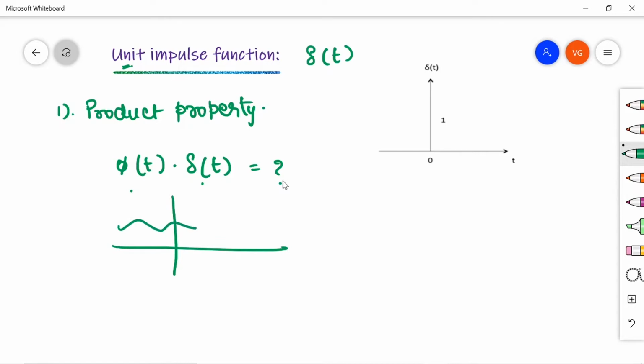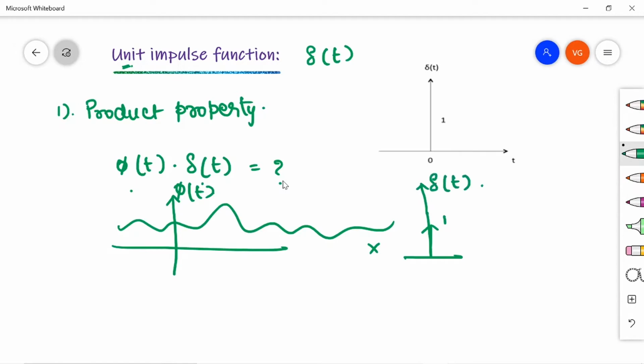Suppose phi of t is some signal that is extended. Now I am going to multiply this signal with my unit impulse function, that is 1 here, some signal del of t. Then what happens? As del of t is 0 for t less than 0 and t greater than 0, everywhere else it is 0 except at t is equal to 0.